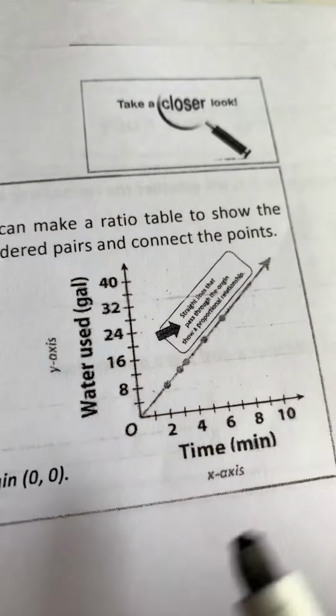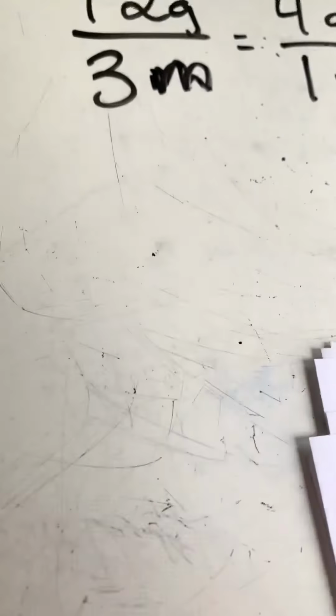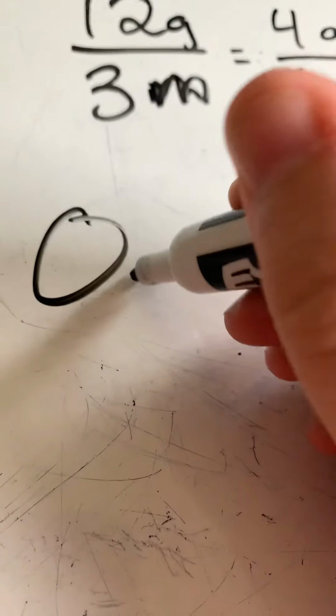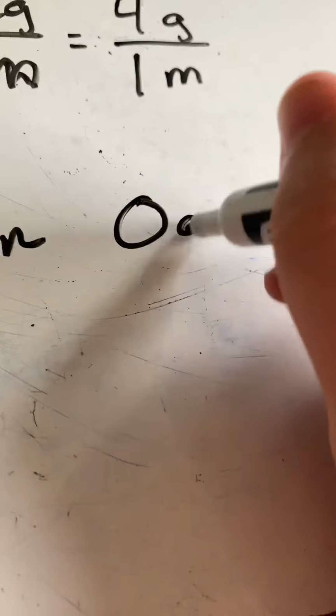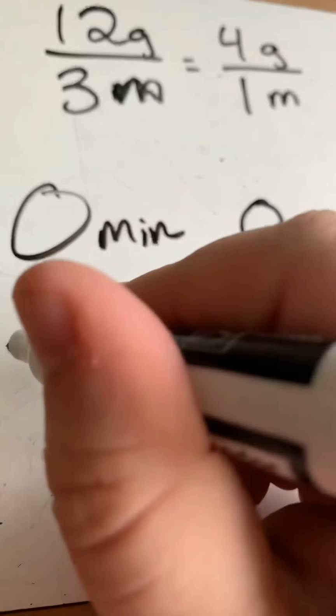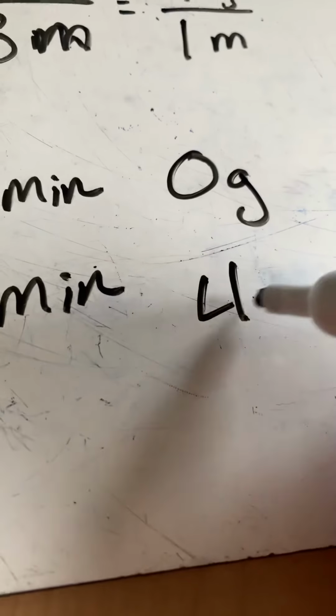And the other big thing, if you look right here, it's starting at the origin. So we already know if there was no time, there were no gallons. But for 1 minute, there were 4 gallons.